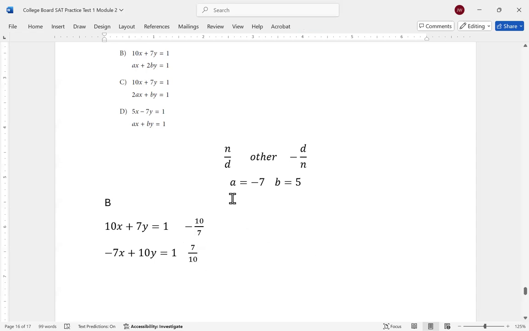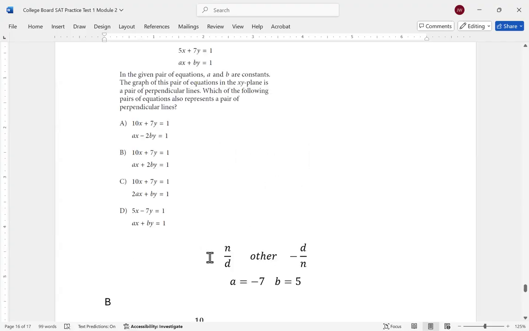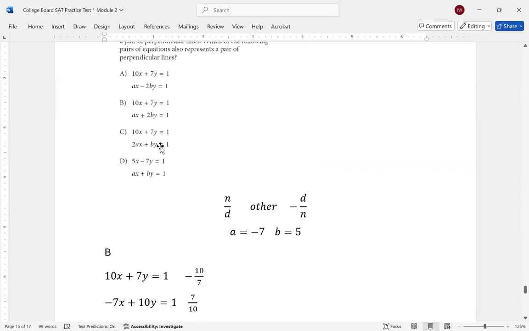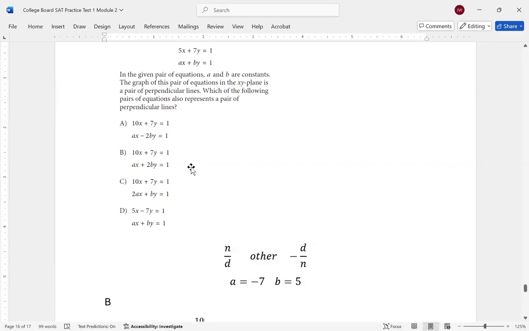And so obviously that means perpendicular. So again, the key thing there is perpendicular lines have slopes that are negative reciprocals. Therefore, A and B can be some scaled version of -7 and 5 respectively. So let's assume they're -7 and 5 and just plug them in and see what other pair gives me perpendicular lines. And that is B. So B gives me perpendicular lines.